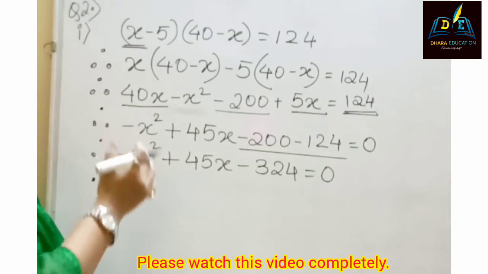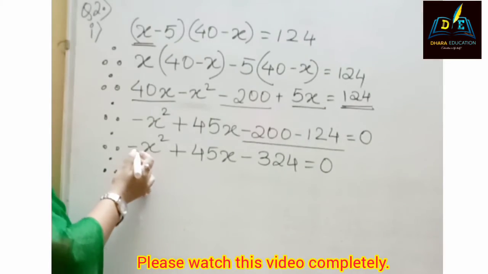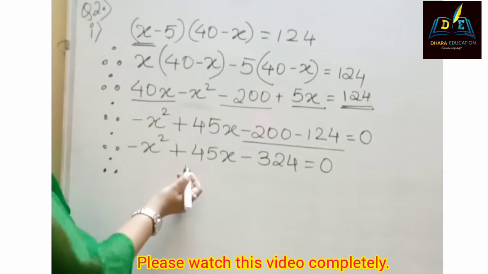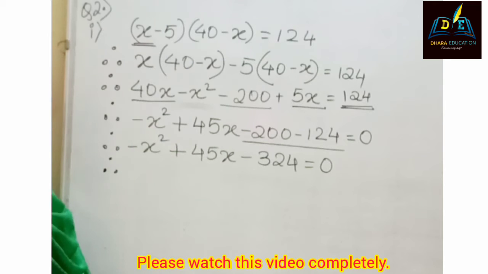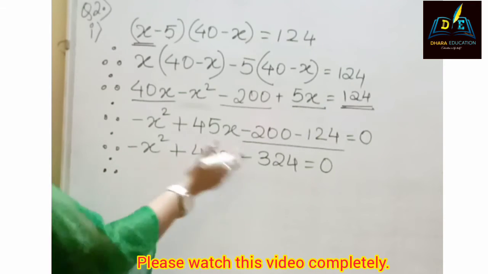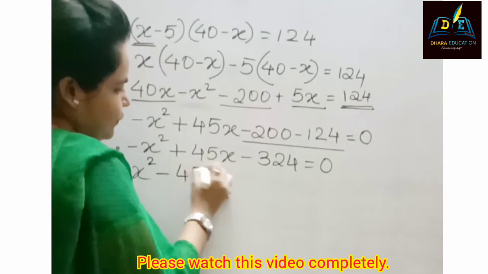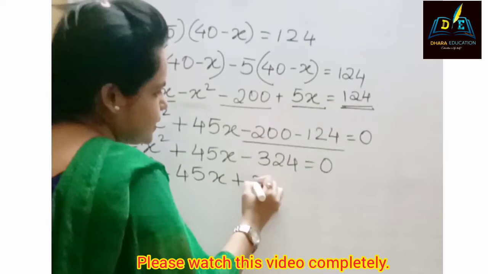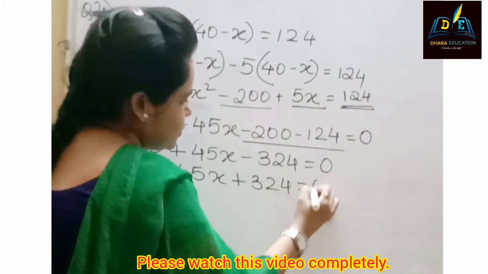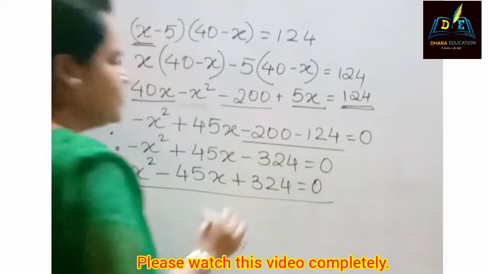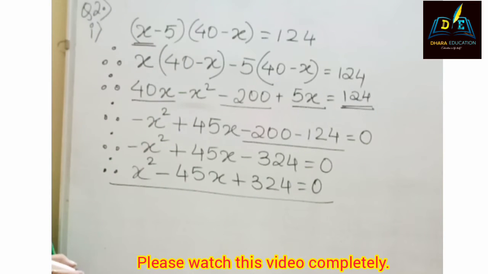So wherever there is minus we have to put plus, and wherever there is plus we have to put minus, so that the first term acts as positive. Just do it now: x square minus 45x plus 324 is equal to 0. This is as per the standard quadratic equation.